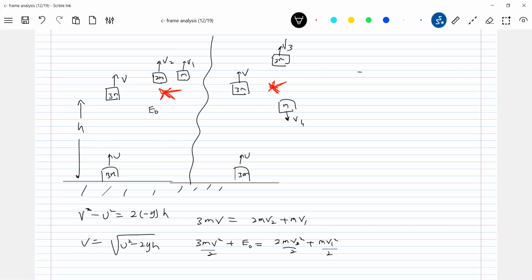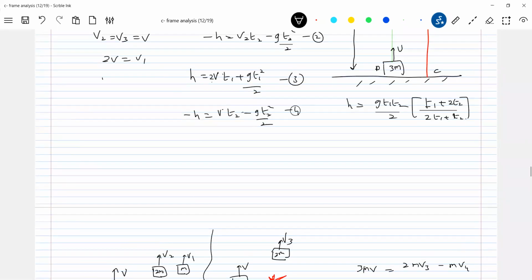So for this it will be 3m, mv4. Again, the energy equation will be E0 plus 2m v3 square by 2. Okay, so proportionally v3, v4 will adjust to those values.